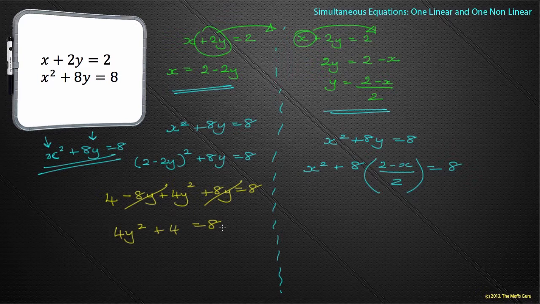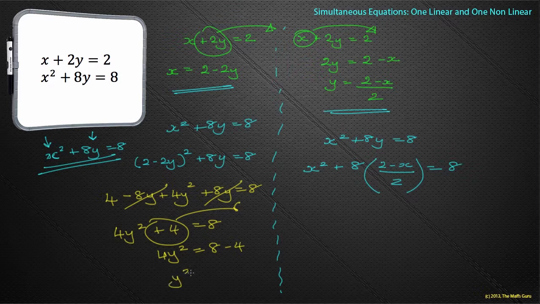Now you might be tempted to move the 8 over and start going, well, okay, I can make that a quadratic, but it's a bit of a trick. You don't have to solve this using quadratics. I'll tell you why. Because you only have a y squared term. You don't have another letter, and so once again, it's just a bit of a big fat trick. So I have 4y squared, because I'm going to move this plus 4 over here, is equal to 8 minus 4.